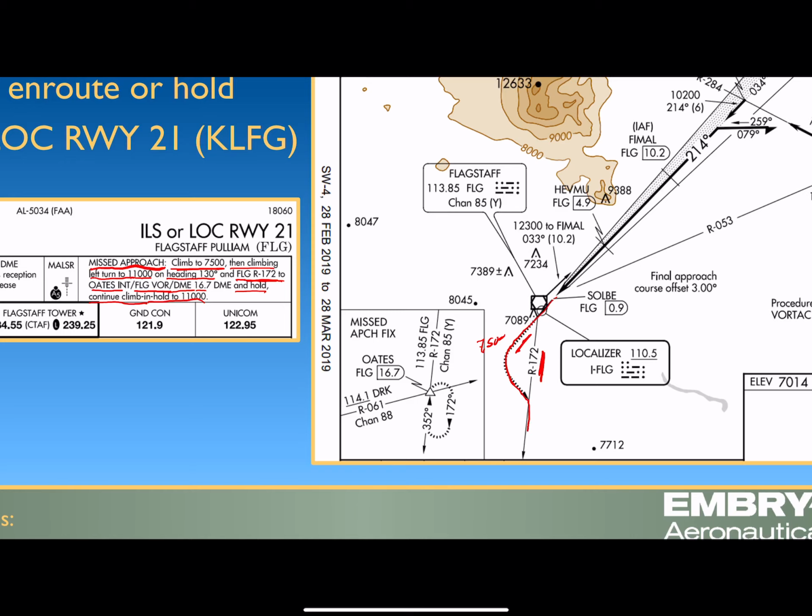Once I do, I'm going to fly that radial outbound till I hit the Oates intersection. So here you can see they have this little box that shows the missed approach fix farther out.